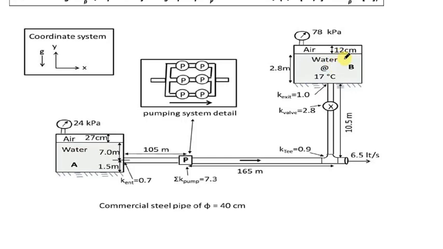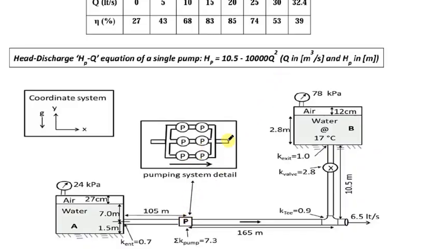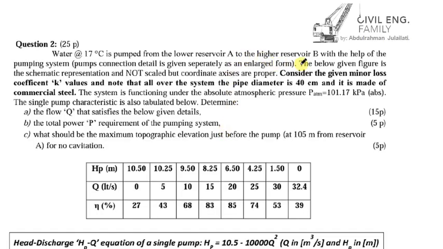That is A, pumped to the higher reservoir B, with the help of the pumping system. The pump's connection details are given separately as an enlarged form. Like this is the pump, but this one is zoomed in. The figure below is a schematic representation and not to scale, but the coordinate axes are proper.